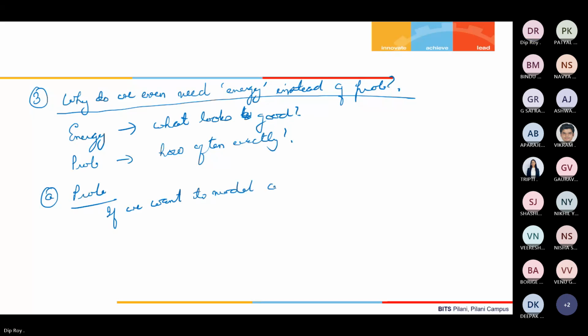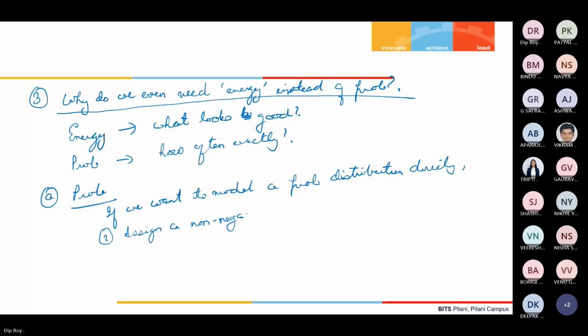If we want to model a probability distribution directly, how do we go about it? The first thing that we need to do is assign a non-negative number to every possible x.